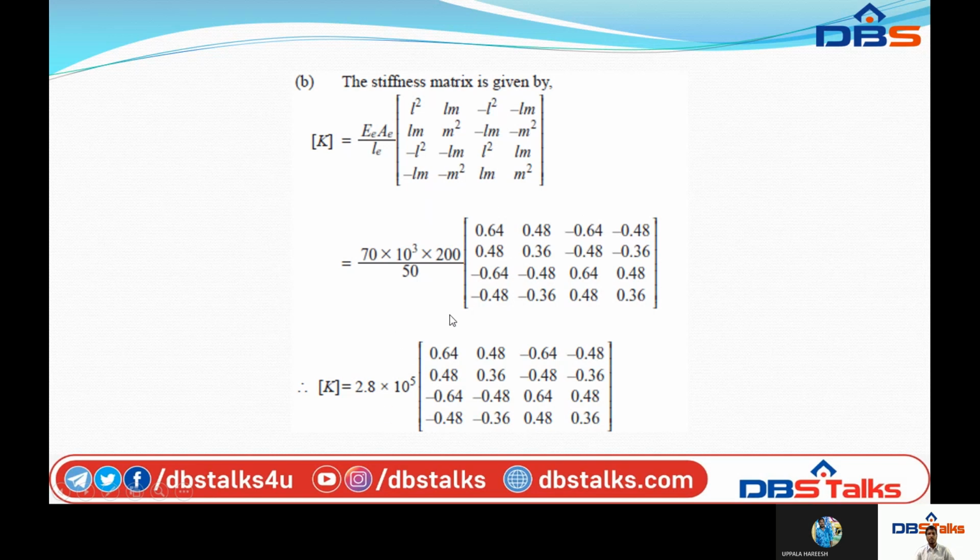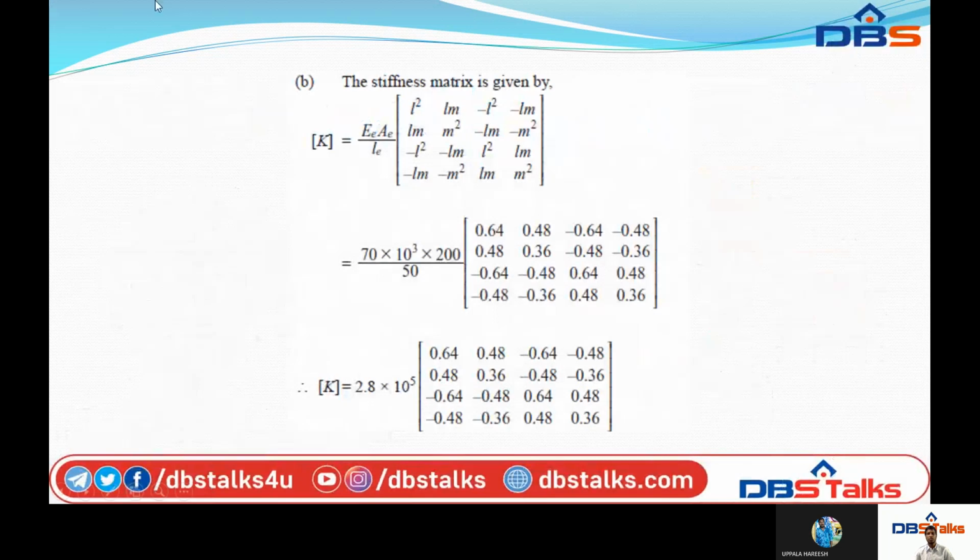That is, K equal to 2.8 into 10 to the power of 5 taken as common, then the remaining values like 0.64, 0.48, minus 0.64, minus 0.48, and similarly the continuing values are consecutive values.